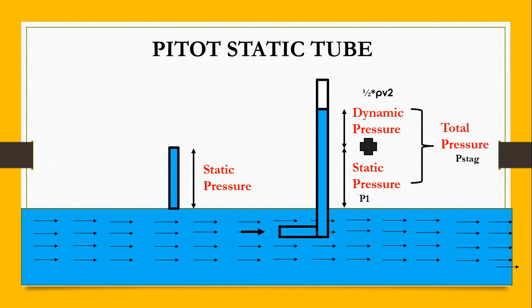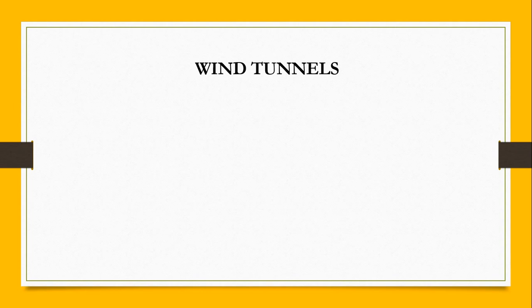So here we can see the flow which enters the pitot tube. The velocity becomes zero at the front of the pitot tube. The point at which the velocity stops is called the stagnation point. The pressure at that point is called the stagnation pressure. We denote that pressure as P2.